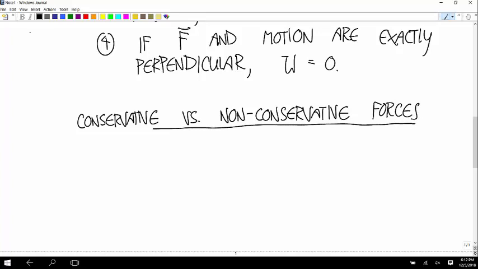Conservative forces are those where if you know the object's location, that's enough to specify the force. It doesn't matter where the object's gone before that, okay? It's independent of the path that the object takes to get there. If you know that the object is in this spot, there's only one force that can be applied to it.